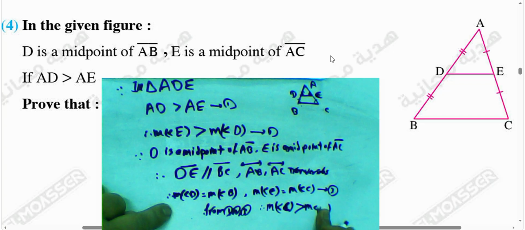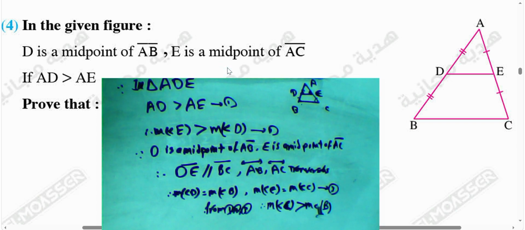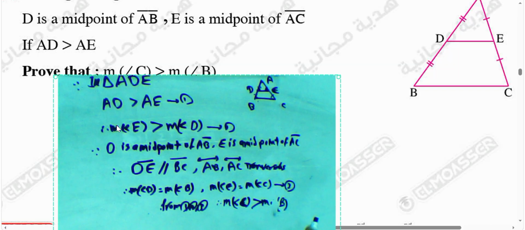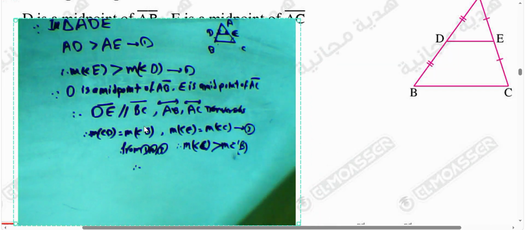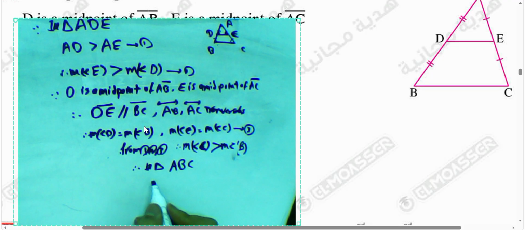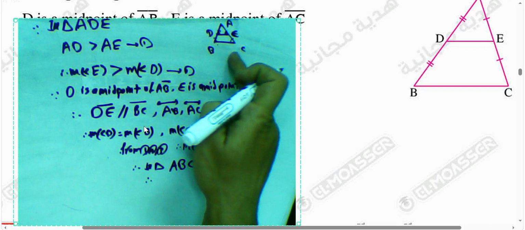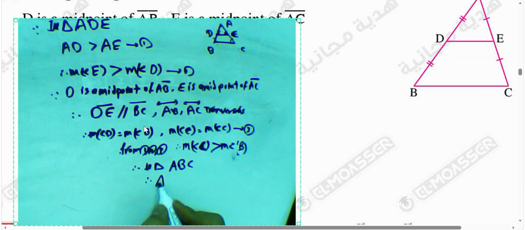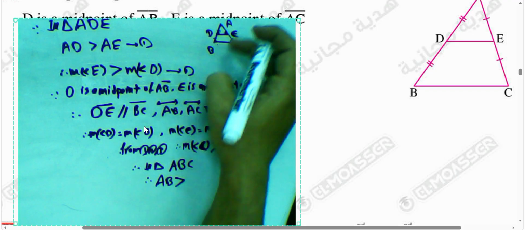Okay. Then in triangle ABC, the measure of angle C is greater than angle B, so the opposite side AB will be greater than the opposite side AC.